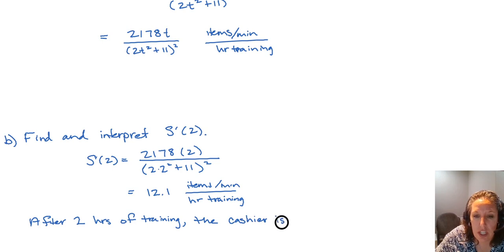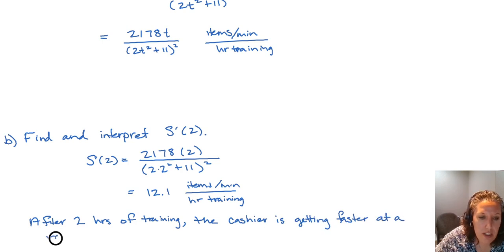The cashier is getting faster at a rate of 12.1 items per minute for each hour of training.